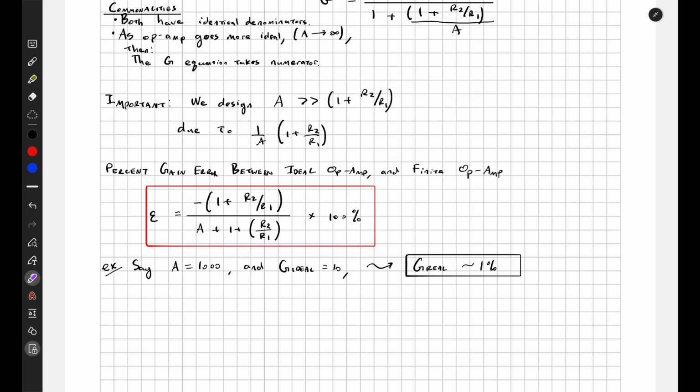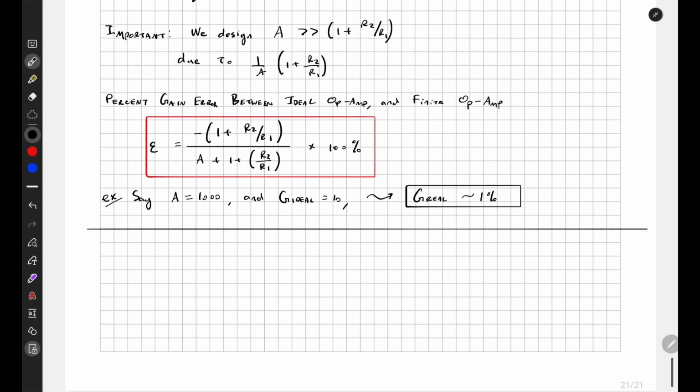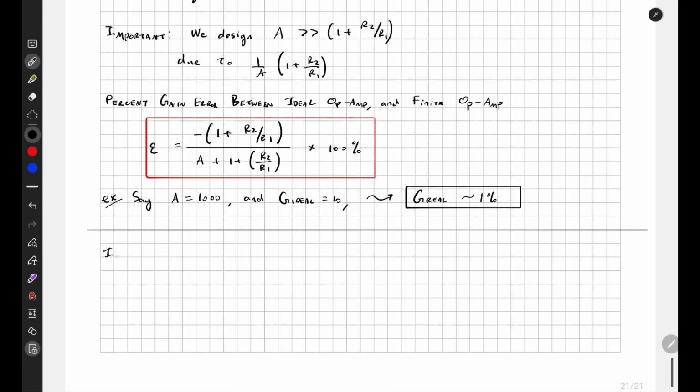Now, one last thing to talk about is a discussion on input and output resistances. This is just a repeat from the inverting configuration, so there's no need to discuss it, but just as a reminder, we prefer R in to be infinity, and we ideally would make R out 0.